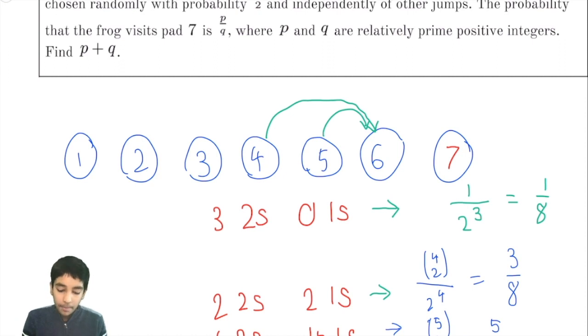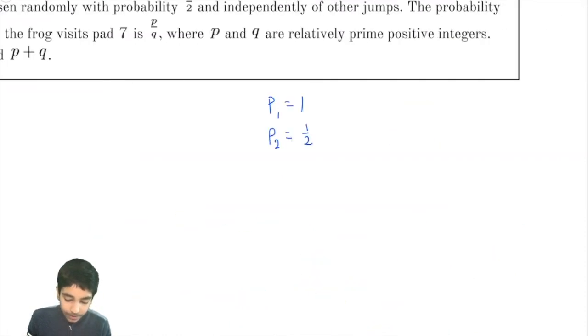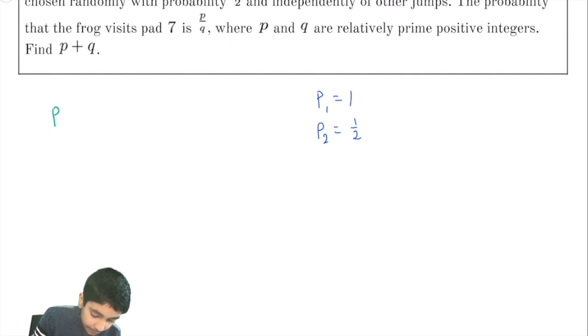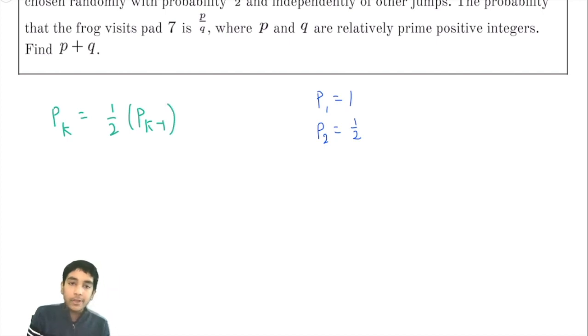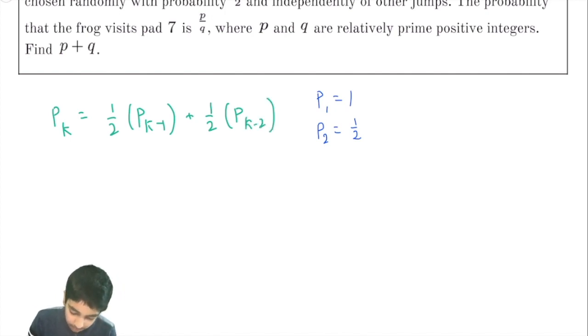So we add those up. So in general, we say that P of K, the probability of visiting pad K, is 1/2 the probability you visited pad K minus 1, because if you visit this pad, there's a 1/2 chance to jump to pad K, plus 1/2 P of K minus 2. So then we just iteratively write these possibilities.